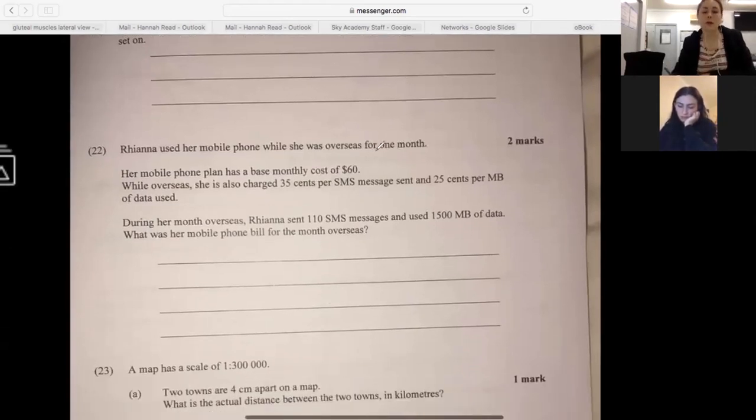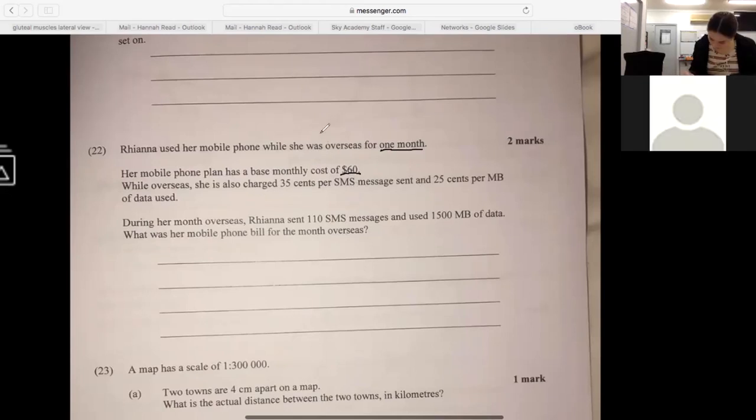Rihanna used her mobile phone while she's overseas for 1 month. The mobile phone plan has a base monthly cost of $60. Would I go 35 times 110?